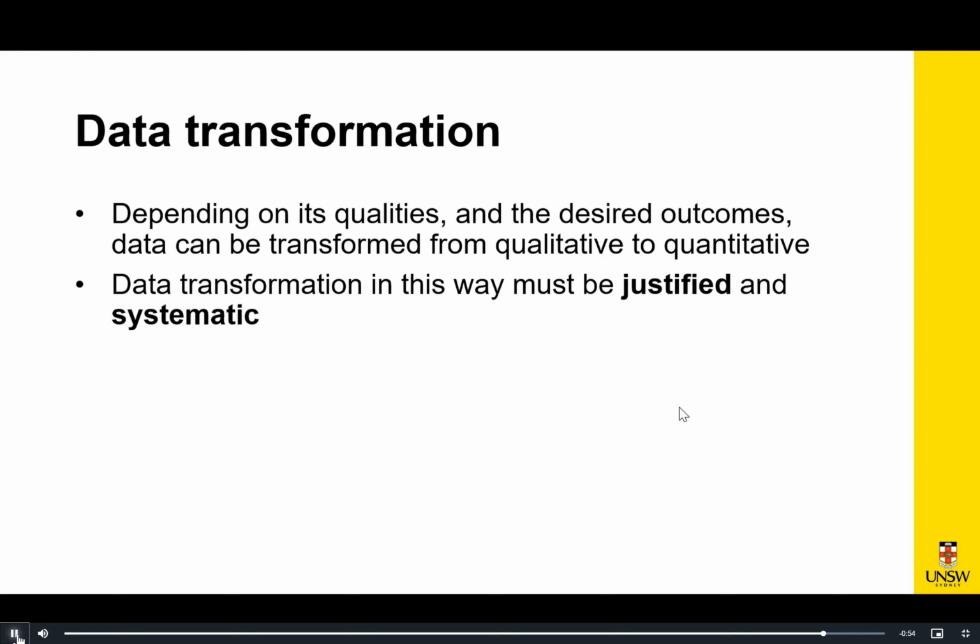One of the problems with qualitative data is that it's very easy to add in your own bias or take things out of it that you want, but that's not an accurate reflection of what is actually being observed for either an experiment or some kind of investigation that you're carrying out. So often you have to justify what you're doing and how you're doing it.